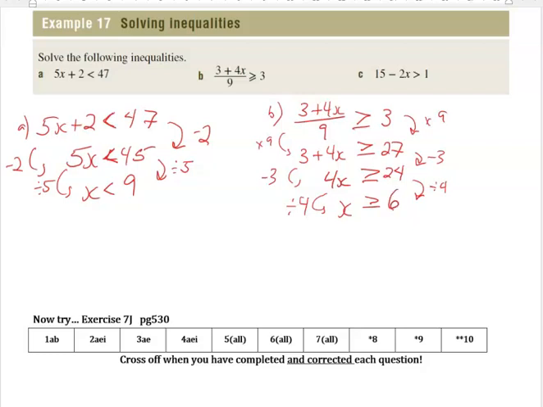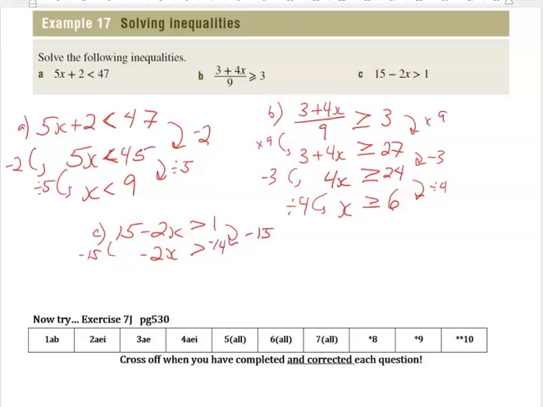So very much like an equation, the only tricks come when we start bringing in the negatives. And so that's an example here. I'll put c over here. c is 15 minus 2x, or plus negative 2x, is greater than 1. So we can take off the 15. That gives us negative 2x is greater than 1 minus 15, which gives us what?